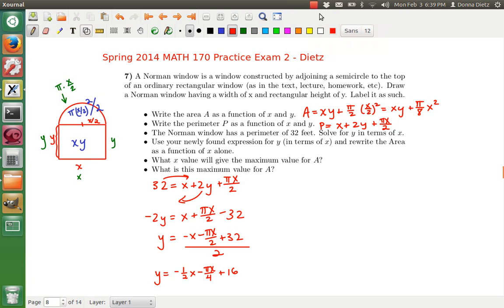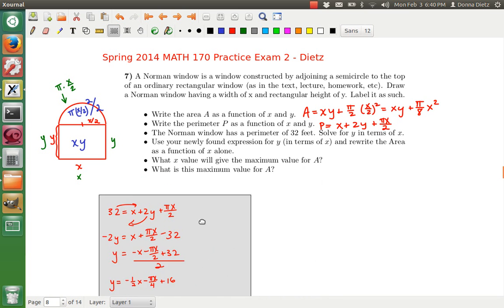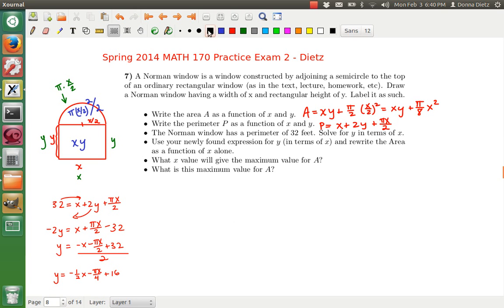Okay, so now I want to use my newly found expression. Let me just move this over, squish it a little. I'm going to now use my new expression for y in terms of x and rewrite the area as a function of x alone.